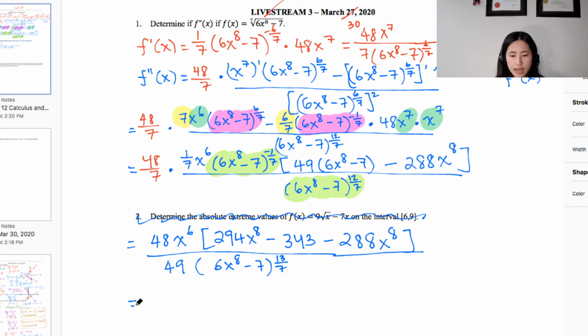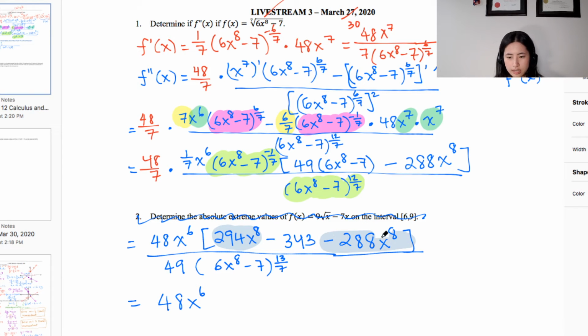Great. So once I have that, all I have to do is simplify my numerator. So 48x^6. Because these two are like terms, I'm going to combine them. Okay, hopefully you guys can see this.